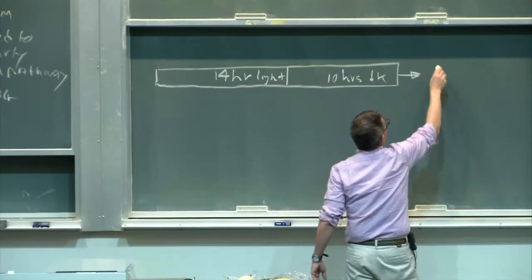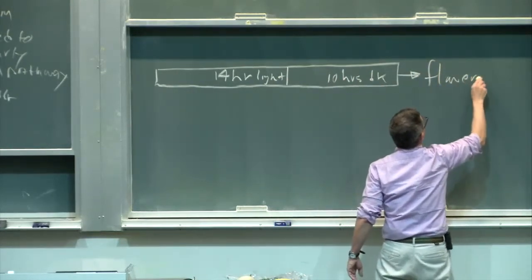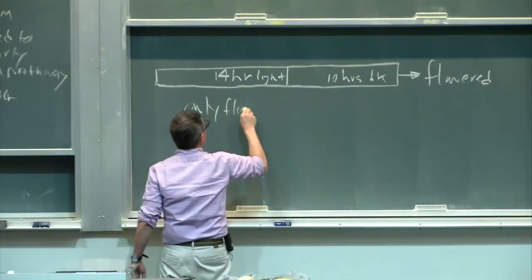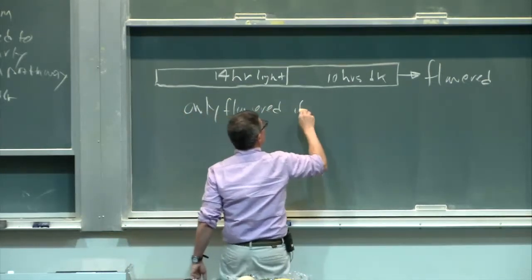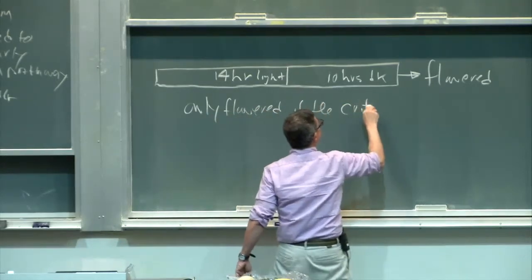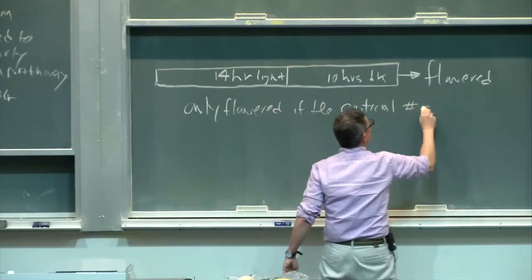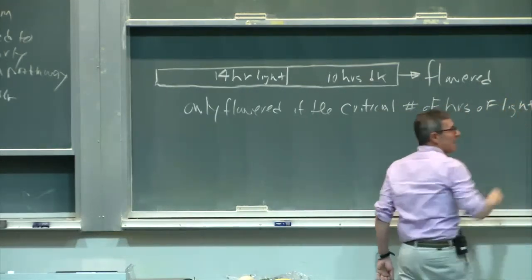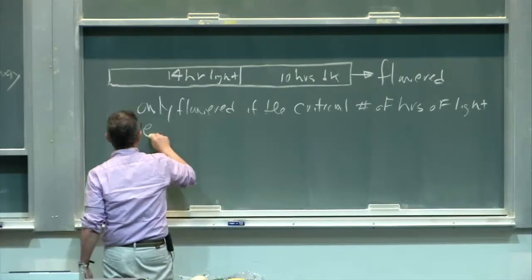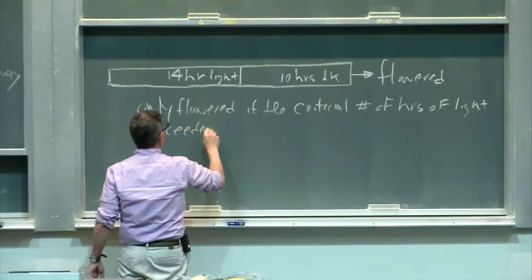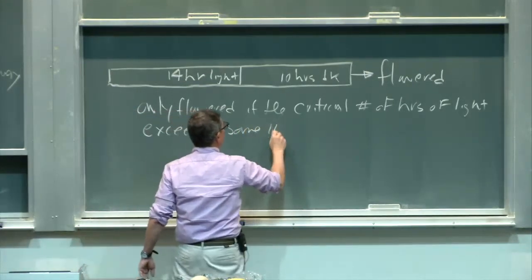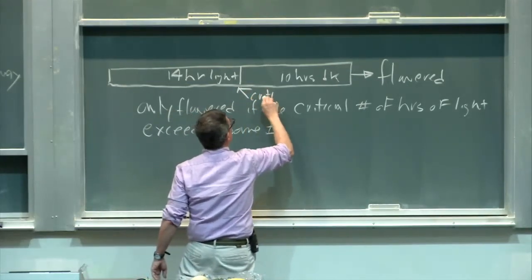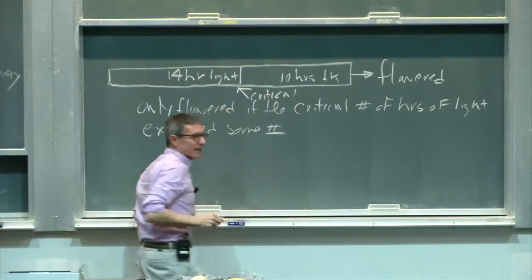These plants flowered, and they only flowered if the critical number of hours of light exceeded some number. In this particular case, the critical number of this plant was 14 hours of light.